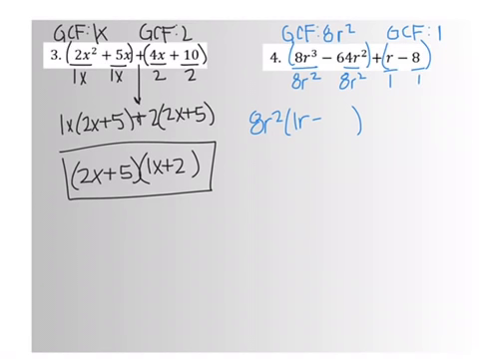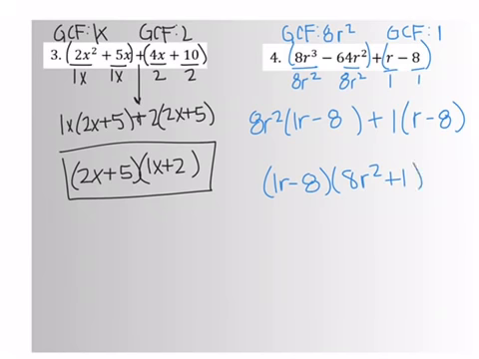Well, the r squareds cancel out, so I'm just left with 8. I have that plus sign. The GCF I took out was a 1. R divided by 1 gives me r, and minus 8 divided by 1 gives me 8. So I have the 1r minus 8, or r minus 8, and the 8r squared plus 1. That is my final answer.